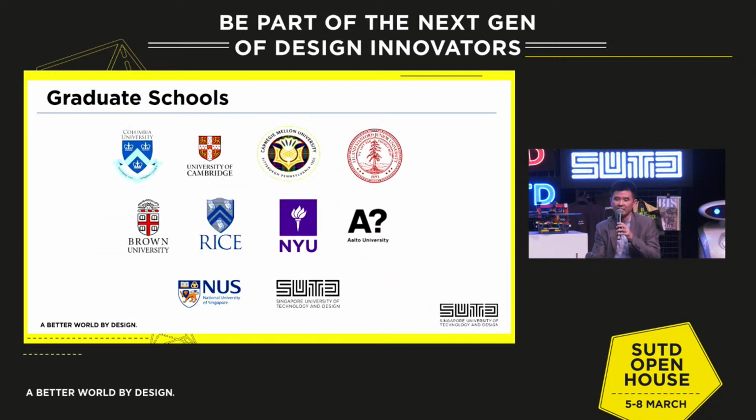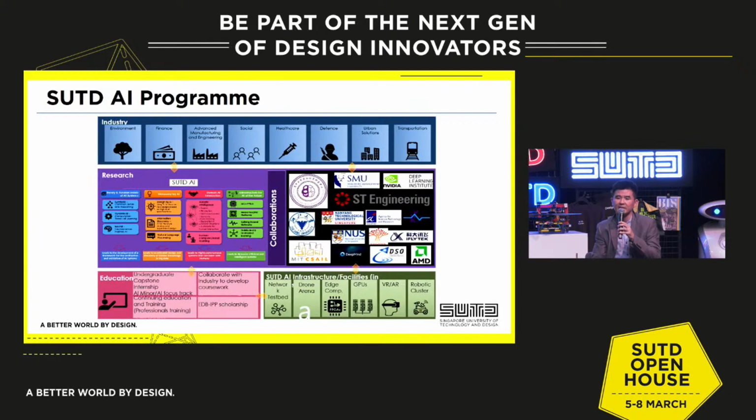And students also get accepted in top graduate schools around the world: Carnegie Mellon, Stanford, MIT, and so on. What is exciting is that students have the opportunity to work with world-class scientists and apply their AI knowledge across many industries, with facilities that we're going to build in the AI infrastructure center.